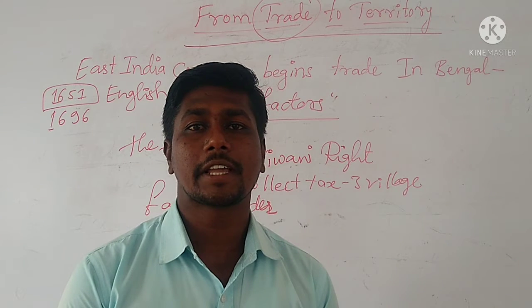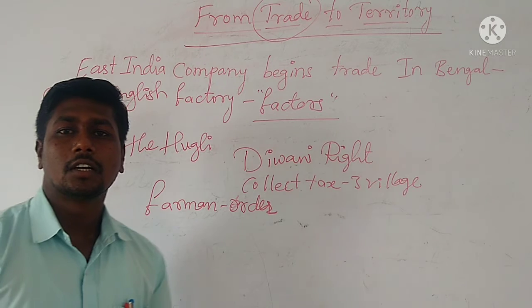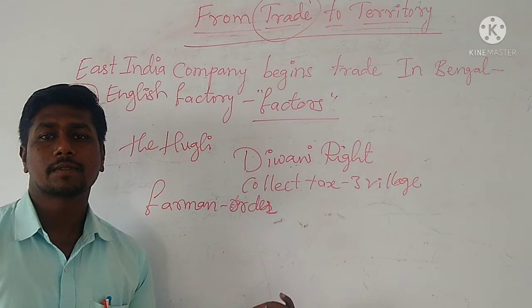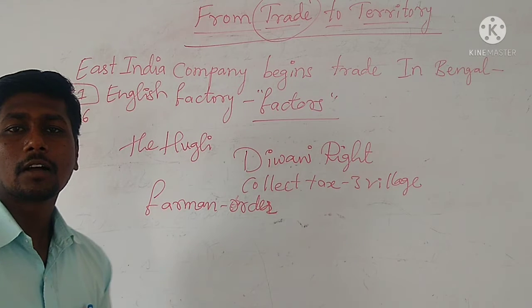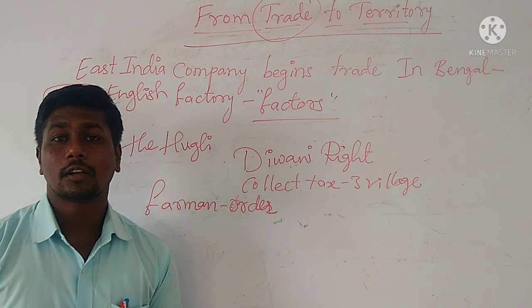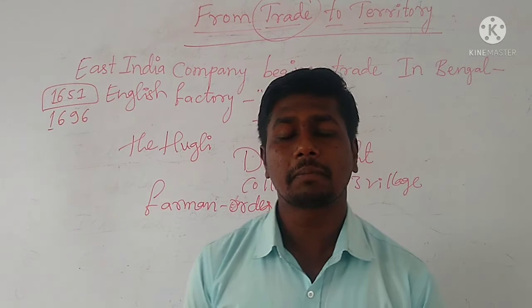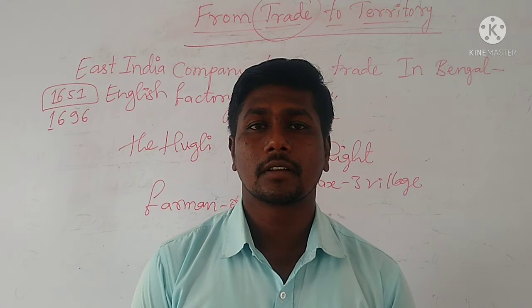Manipulating means changing or misusing those privileges, terms or rules. Aurangzeb's farman, for instance, had granted only the company the right to trade duty free. But the British officials also privately carried on their own trade.